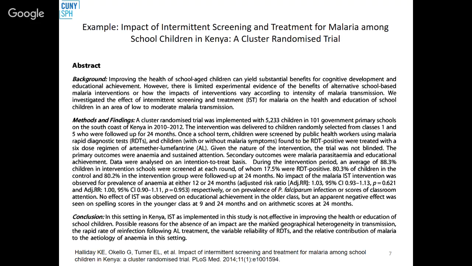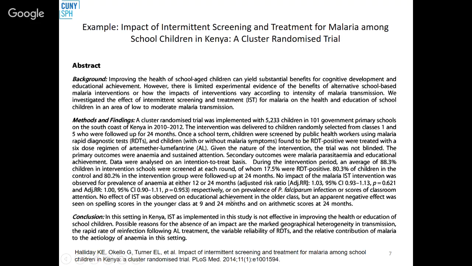So this is an example of somewhere where a yes/no answer is important. You want to know, is this an effective public health intervention? Yes or no?